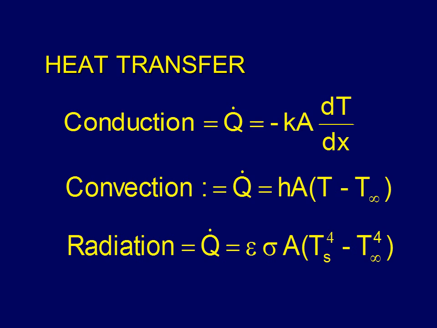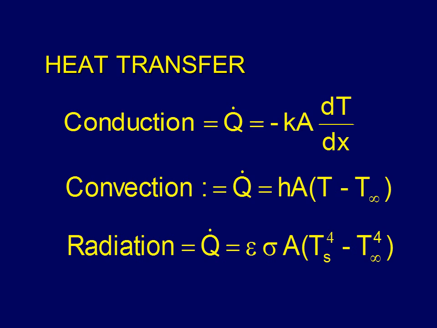Finally, a third mode of heat transfer is radiation. Radiation actually does not require any medium to transmit heat. Radiation flows on a wave, and so you can actually cool a great deal, especially on a clear night, because you're radiating out to space.